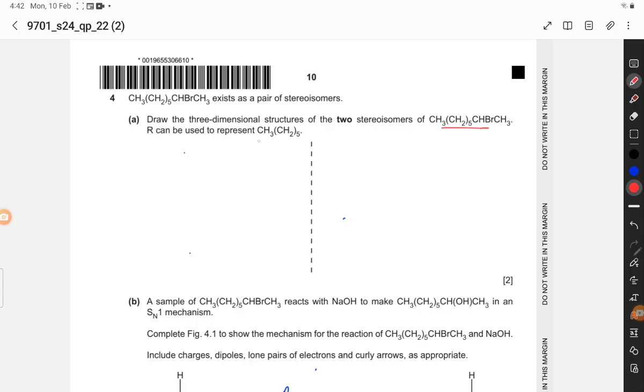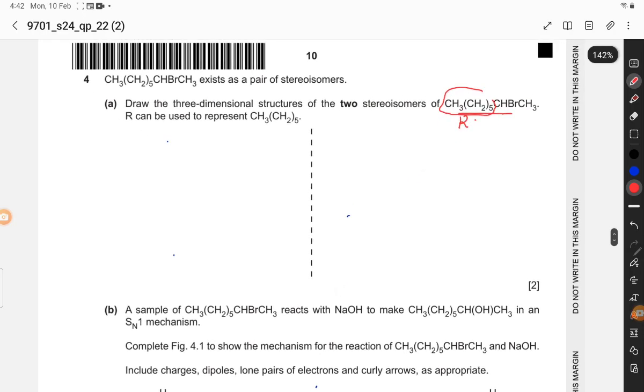R can be used to represent this. So this part is used as R. Three-dimensional structure. So this is carbon, and we placed R over here, and these are on the plane.